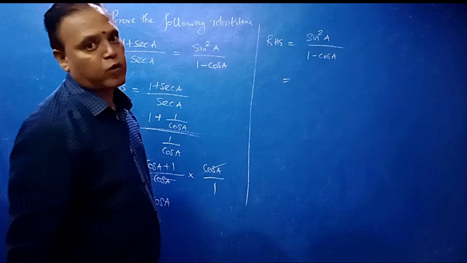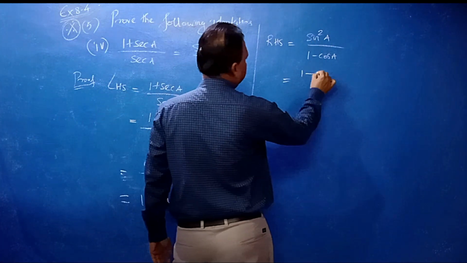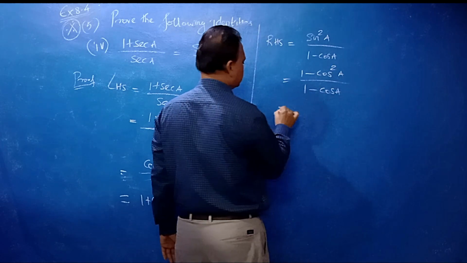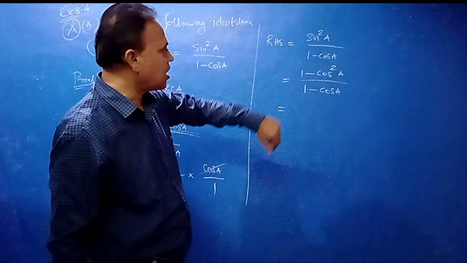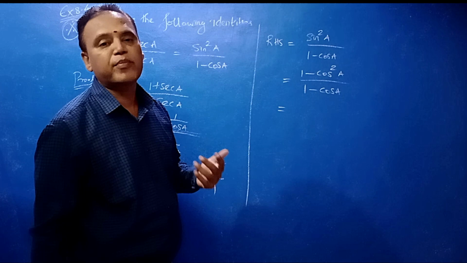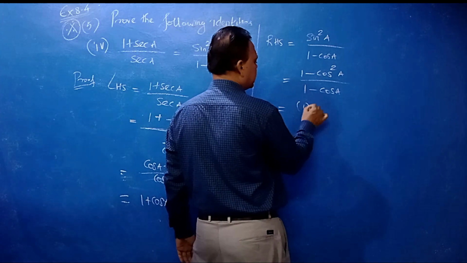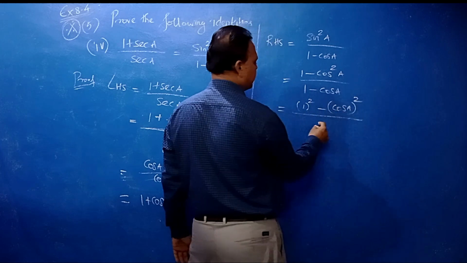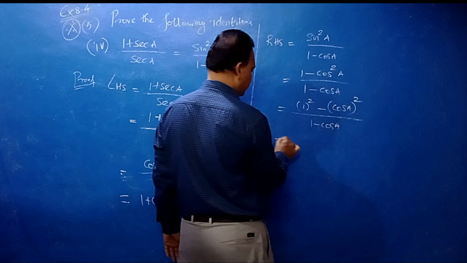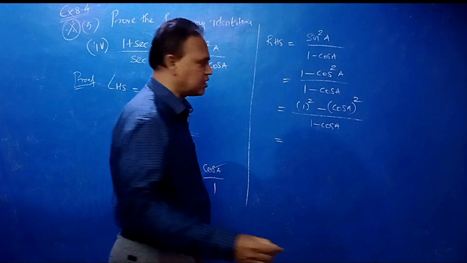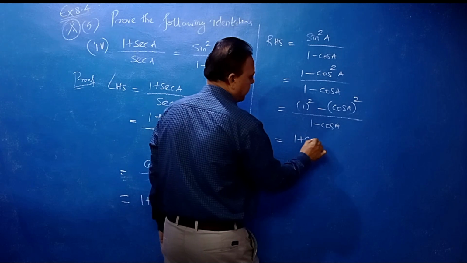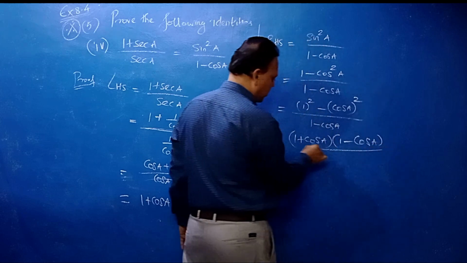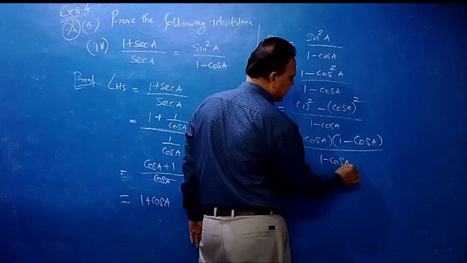Sin squared A, how will you write? 1 minus cos squared A. Formula, identity, right? Now this 1 minus cos squared A can be written in the A squared minus B squared form. That is, this is 1 squared minus cos A the whole squared. You have to apply the formula A plus B into A minus B. That means 1 plus cos A into 1 minus cos A. Write the denominator as it is so that you are getting the common factor.